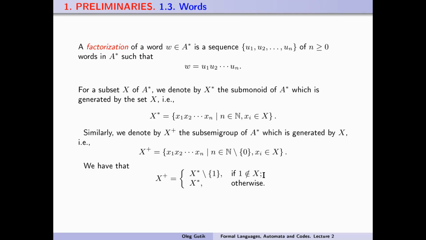If the set X contains the empty word, then X plus is equal to X star without the empty word. And in the usual case, if the empty word is an element of our set X, then X plus is equal to X star.